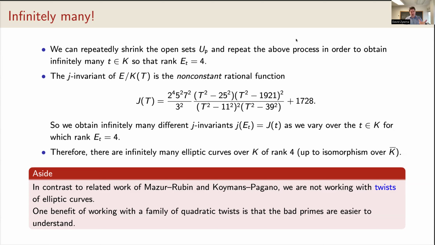If I have an elliptic curve and I understand its bad primes, I twist it, it's easy to figure out what the bad primes are. I might be introducing new bad primes or changing them in some computational way, but understanding bad primes in a family of twists is straightforward. But in this non-isotrivial case, it's not so straightforward. And that's what the Green–Tao generalization was used for, to make choices where I understood the bad primes.